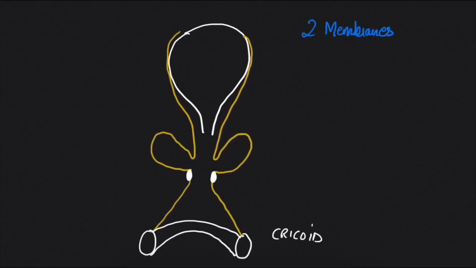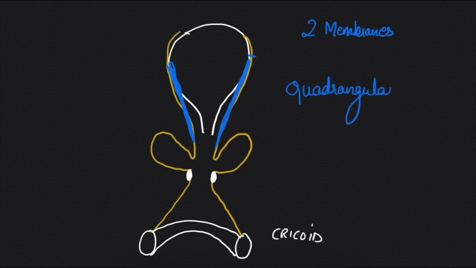Now if we see it from a cross section point of view, this is the epiglottis. Now this is the aryepiglottic fold. Within the aryepiglottic fold we have a membrane. This is what we call the quadrangular membrane.